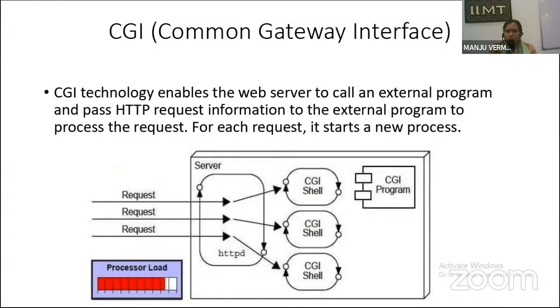Now, what is the common gateway interface? What are the problems in the CGI so that the need of servlet arises? So we learn about it. CGI is the technology that enables the web server to call an external program and pass HTTP request information to the external program to process the request.